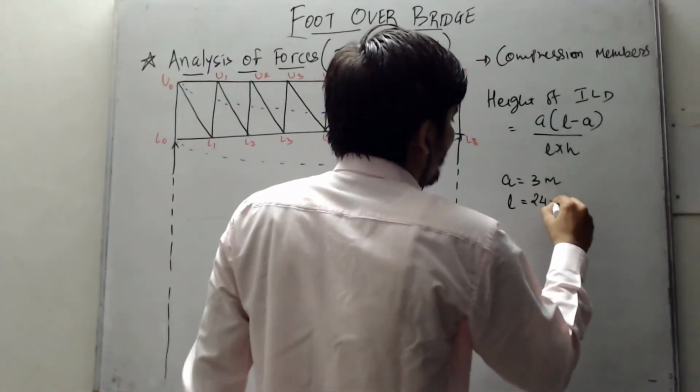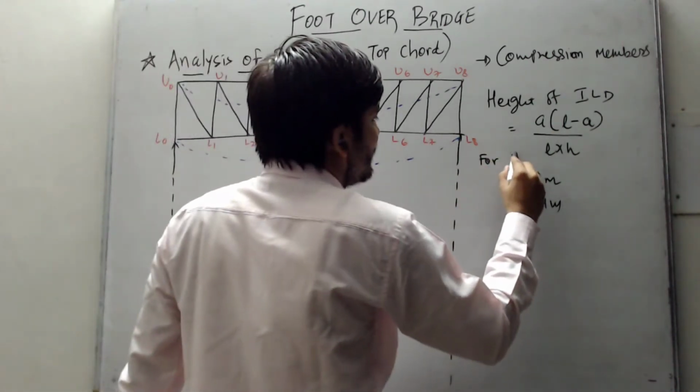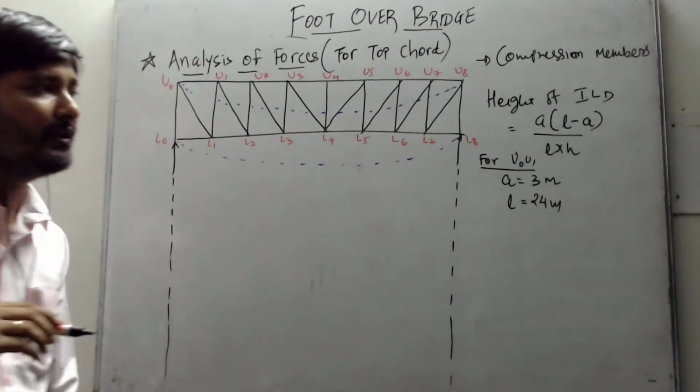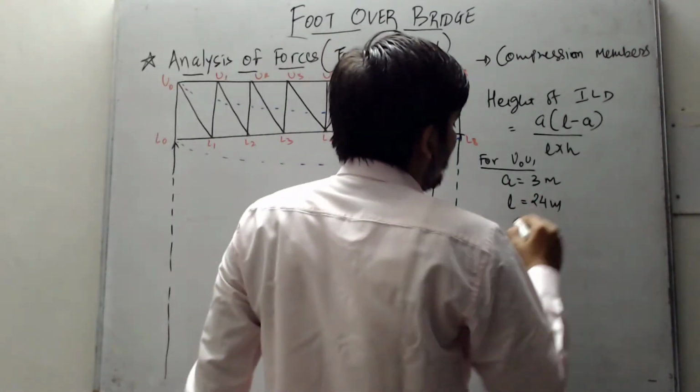So we are doing it for U0 U1. For the U0 U1 member, a is 3 meter, L is 24 meter. Then we have h. So h is the height of that truss or height of the member, which is again 3 meter. So h is again 3 meters.